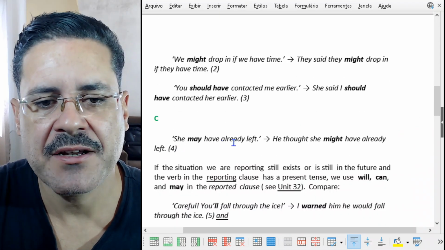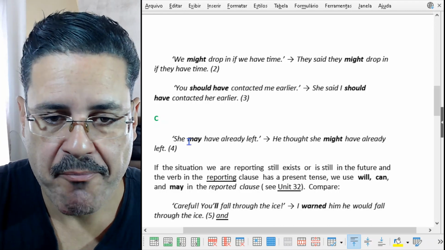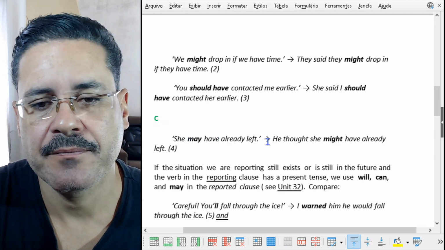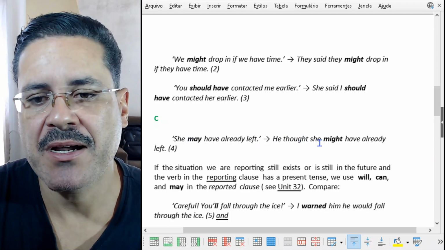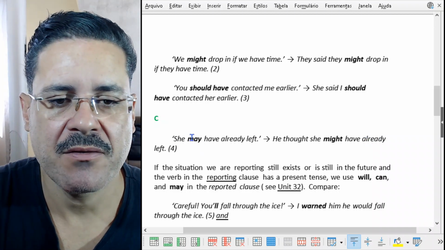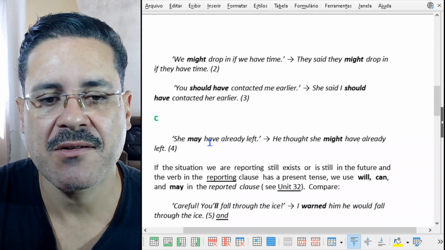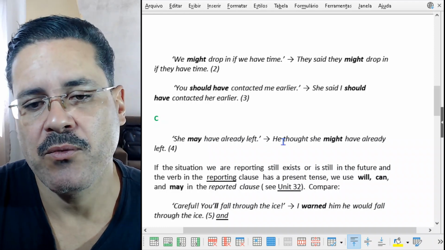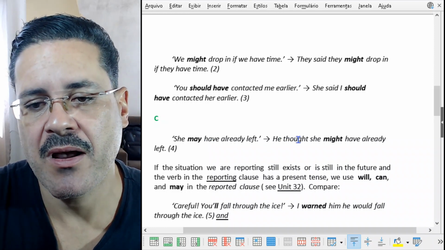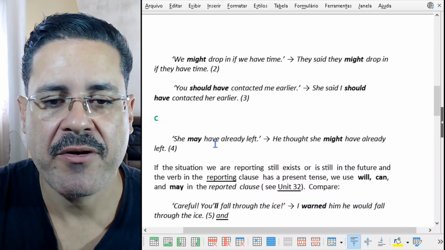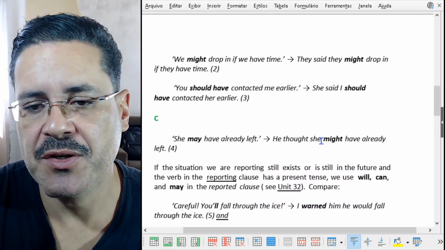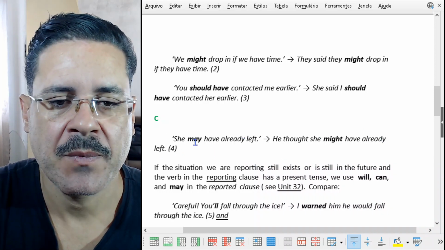She may have already left. He thought she might have already left. So notice that for may, I'm presuming something that has already happened, reporting something that maybe happened. She may have already left. He thought she might have already left.